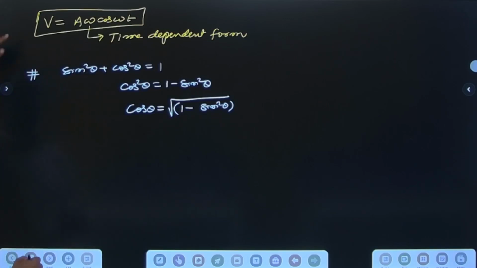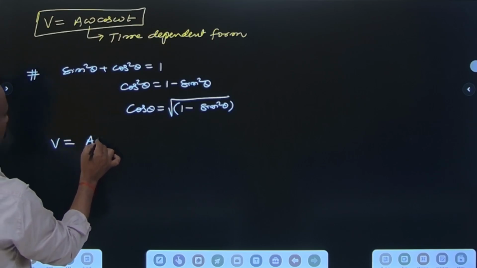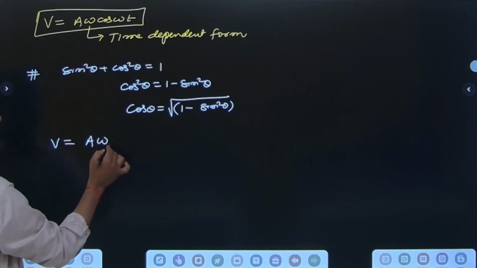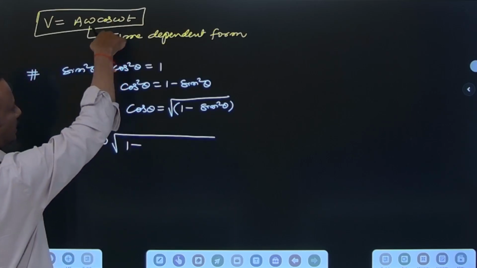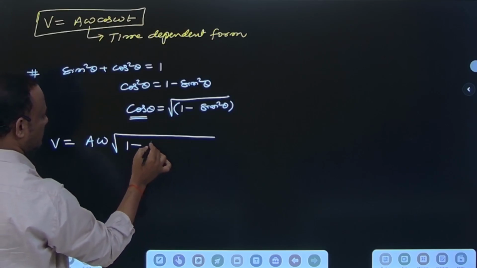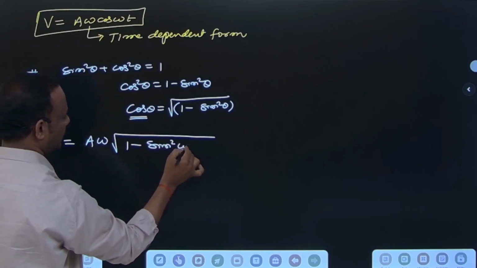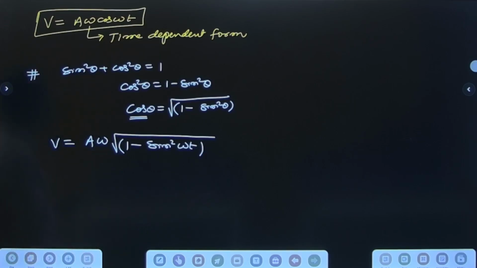So here V is equal to A omega cos omega t, which means under root of 1 minus sin square omega t.